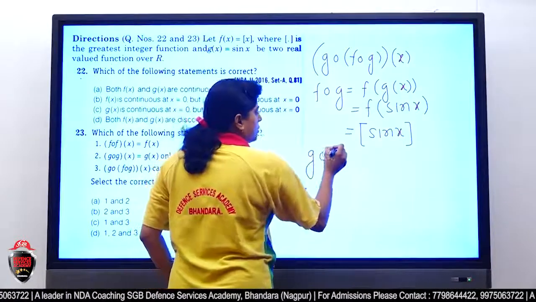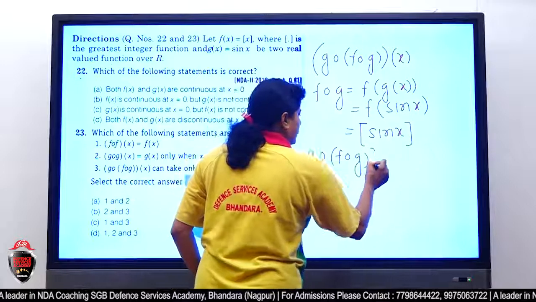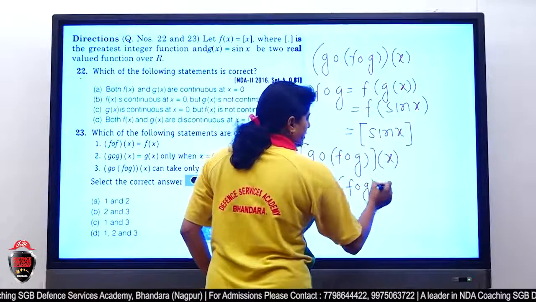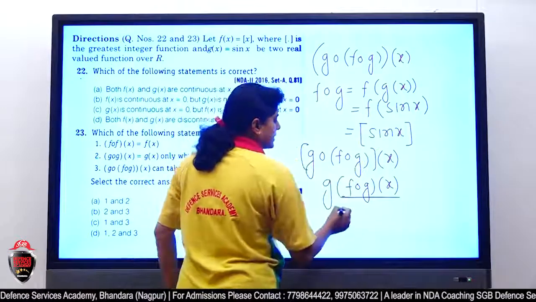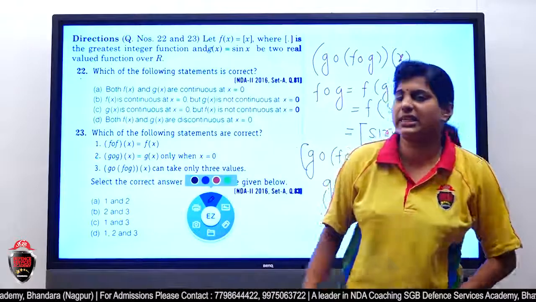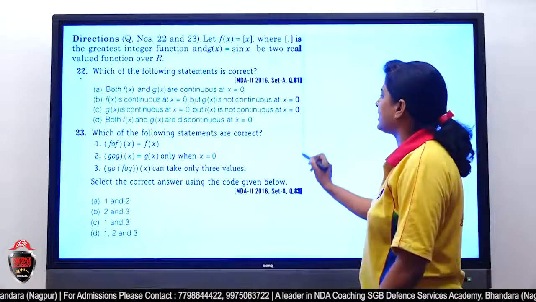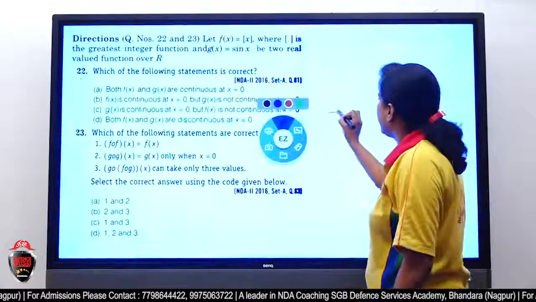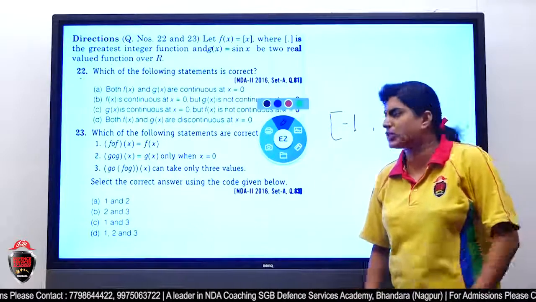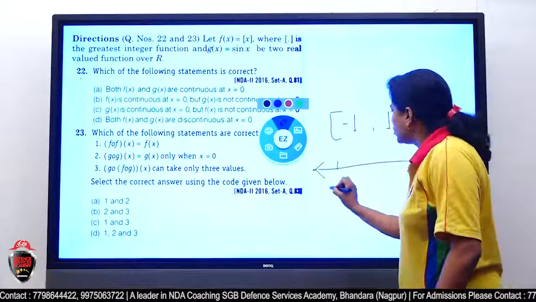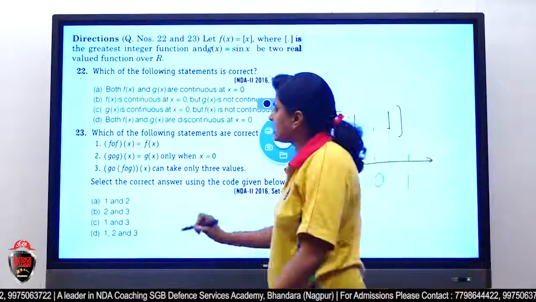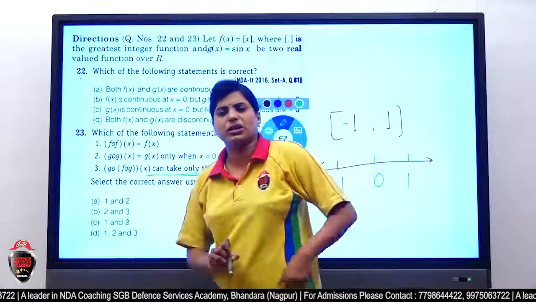G कंपोज, F कंपोज G of X वाली जो टर्म थी उसे अभी लिखा जा सकता है G of F कंपोज G of X. अभी इतने टर्म की वैल्यू कितनी है sin X, और G of sin X को जब लिख रहे हैं हम लोग तो फिर से पैटर्न में आ जाएंगे sin of sin X. साइन ऑफ साइन एक्स कहां से कहां तक सरवाइव करता है, तो साइन एक्स के लिए -1 to 1, और -1 to 1 के बीच में कौन से वैल्यूज आ जाएंगे, सो -1, फिर दोनों के बीच में 0 और फिर +1. इट मीन्स दिस थर्ड वन कैन टेक्स 3 वैल्यूज, सो थर्ड वन आल्सो करेक्ट.